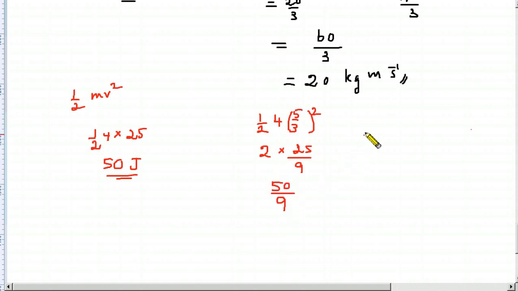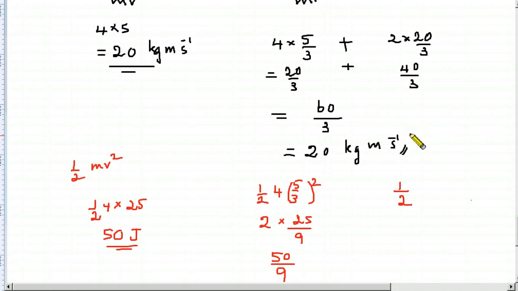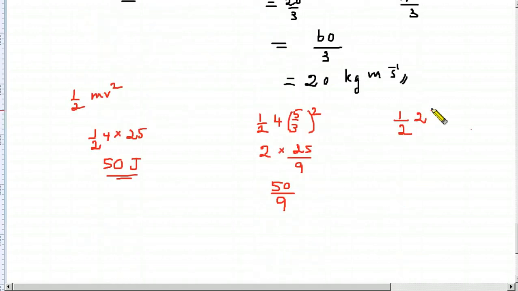Let us keep it here for a moment. Then the next object, half times 2, mass is 2, velocity this one 20 by 3, the square of that, then the 2s cancel, 20 times 20 is 400, then 3 times 3 is 9.